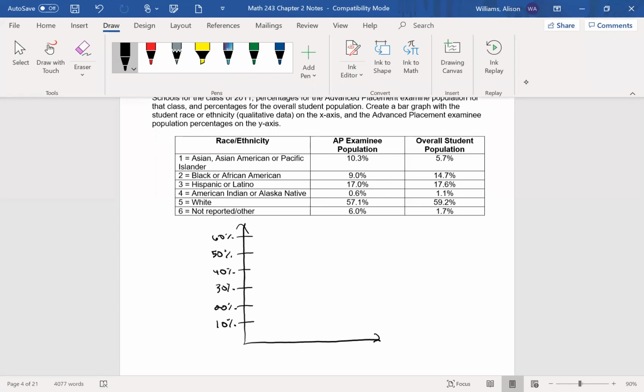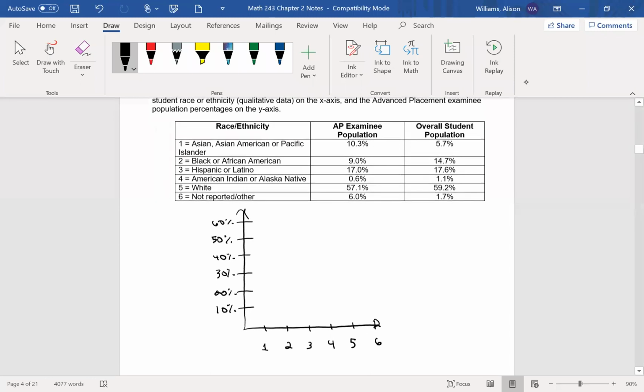And then they actually numbered the race and ethnicity categories for us just so that we didn't have to write them all down, but that's not always necessary. You're not always going to have a number assigned to each of these. You could do labels if it makes sense. But since we're doing this by hand, it'll make it easier for us that they're using numbers to represent those categories. Okay, so let me go ahead and label my axes now.